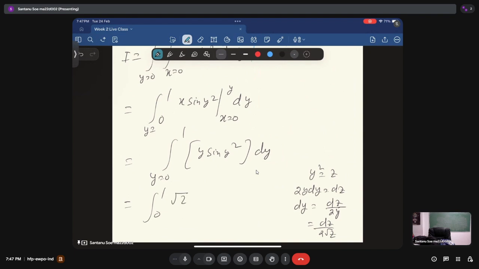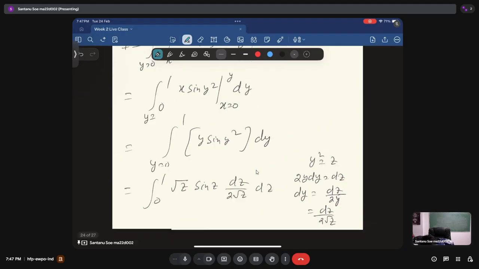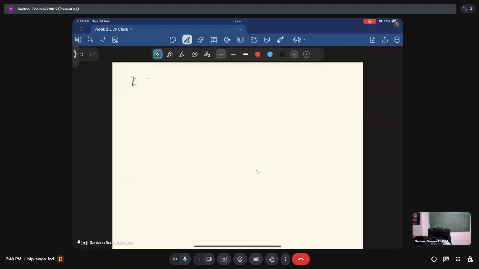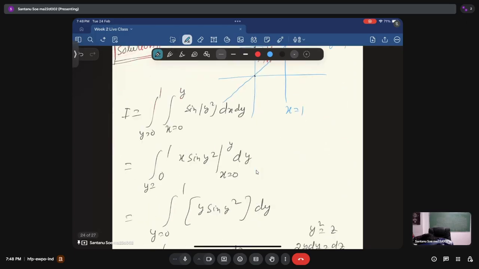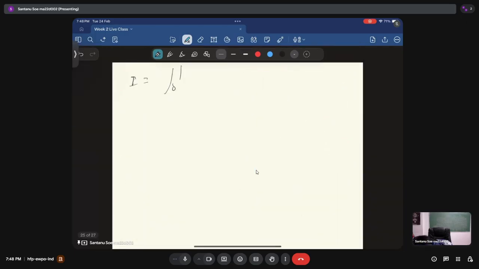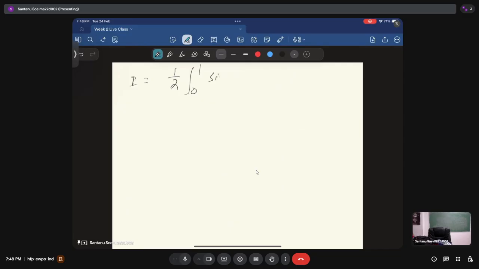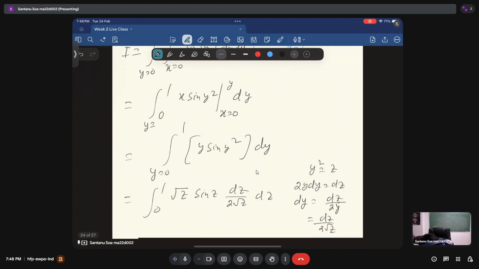Y is root z, sine z, and then this is dz by 2 root z. So our integration changes to 1 by 2 integration 0 to 1 sine z dz. Correct.